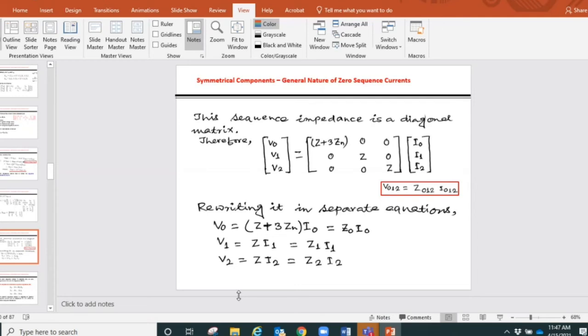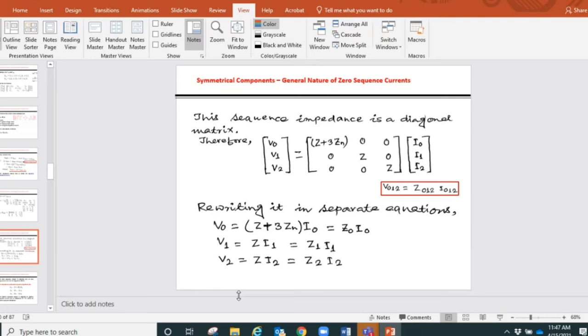But for positive sequence voltage, only the phase impedance is present, so the positive sequence impedance is equal to the impedance in the phase.